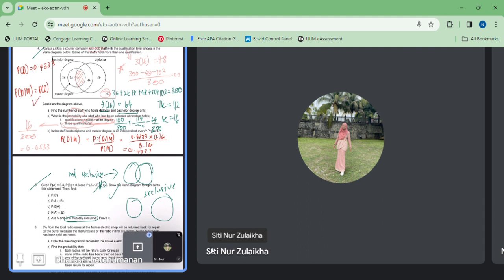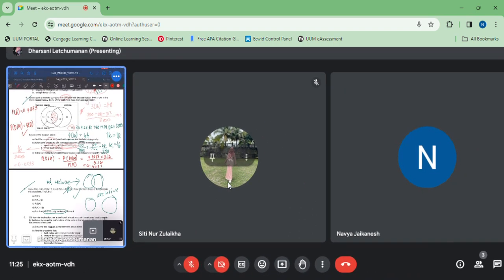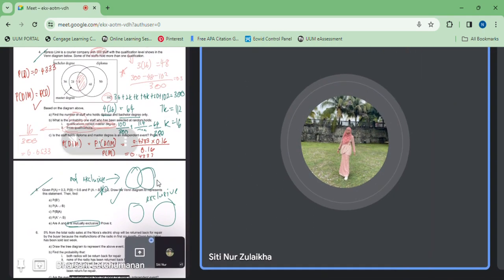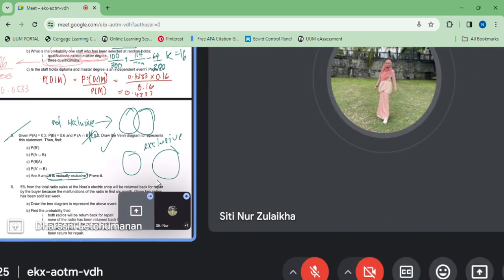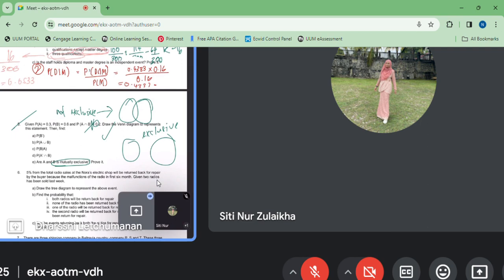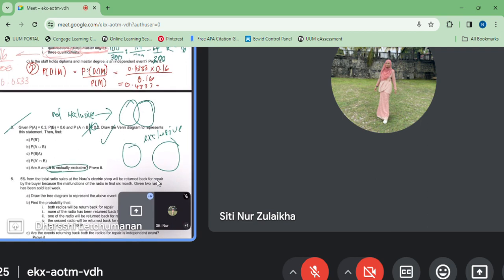That means they're independent events. Understand? This is the first step, and then you have to compare this with this. If same, it's independent; if not the same, then it's dependent.